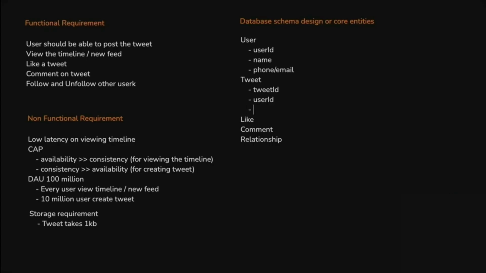I'm skipping the time attributes because the created time would be required for all these entities: the time when user, tweet, like, comment, and relationship were created.